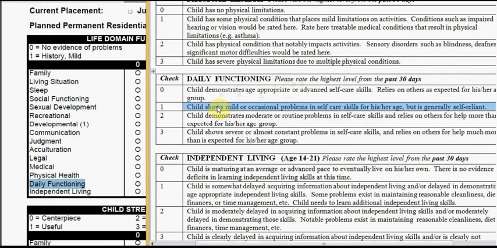In 1, the child shows mild or occasional problems in self-care skills, but is generally self-reliant. In 2, the child demonstrates moderate or routine problems in self-care skills and relies on others for help more than is expected for his age. In 3, the child shows severe or almost constant problems in self-care skills and relies on others for help much more than is expected for his age.